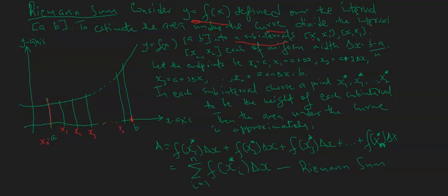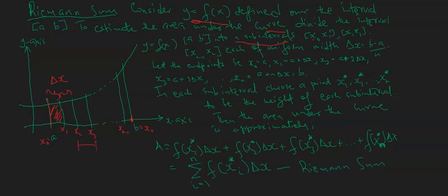The second last here, xn minus 1, and b will be xn, such that all these sub-intervals add up to n of them. And each of these sub-intervals is of uniform width. Their widths are the same, which we are calling delta x.